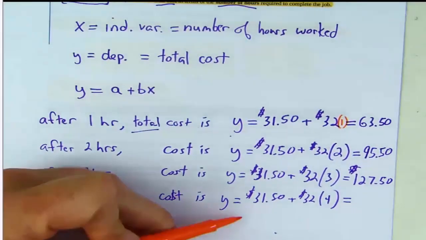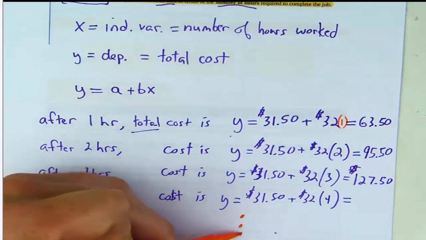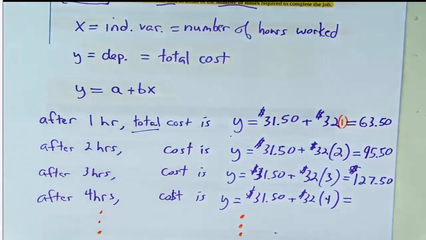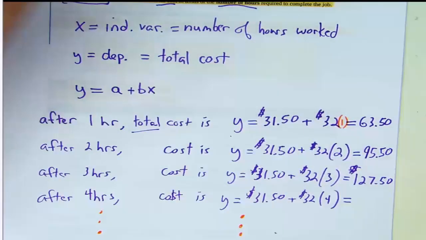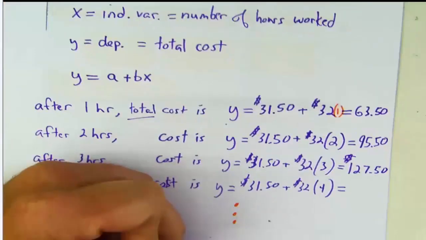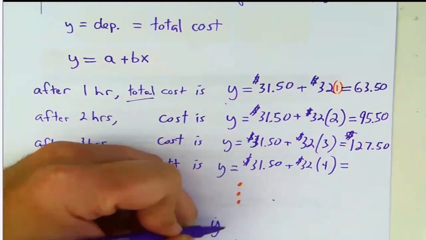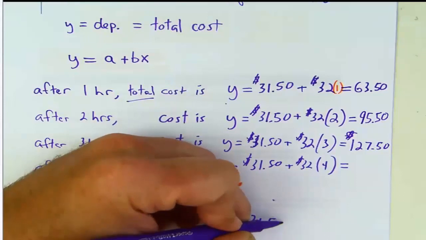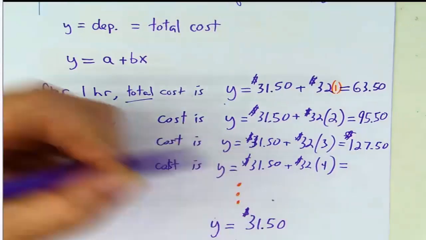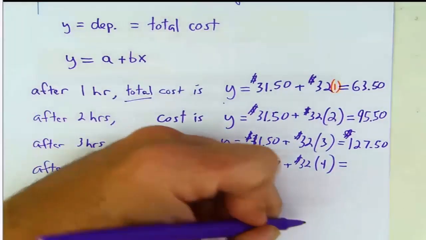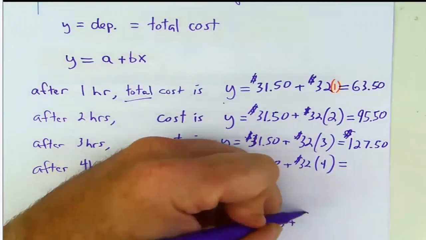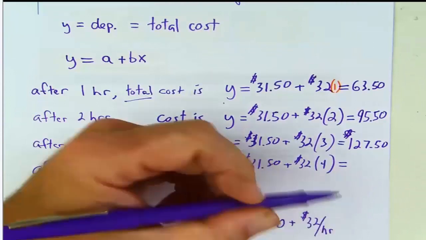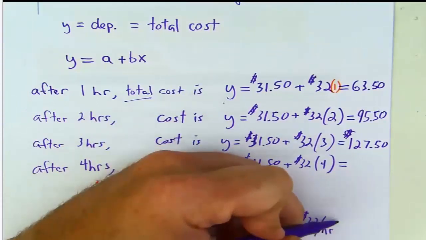If you continue this pattern onwards, after 5 hours, after 6 hours, and so on, you're going to get the linear equation y equals $31.50 plus $32 per hour times x.